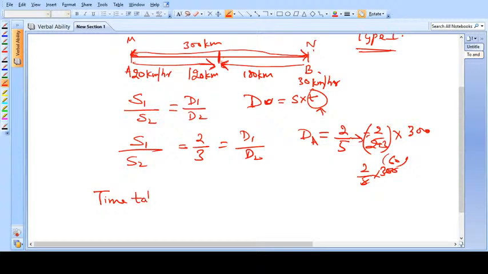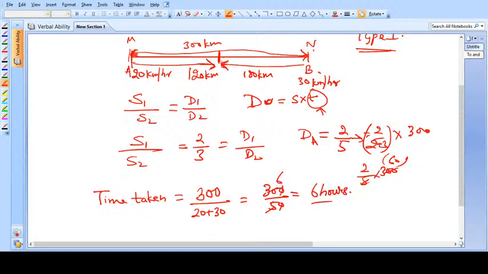Now let's come to the time taken. How much time would they take? Now you will see that 300 kilometer is the distance, and for speed we have to take their relative speed because they both are completing this distance, right? So we will be taking 20 plus 30, that is 50, and 300 by 50 is 6 hours.